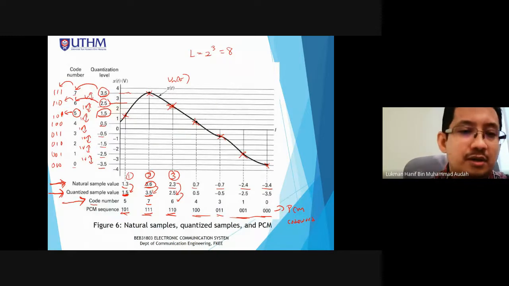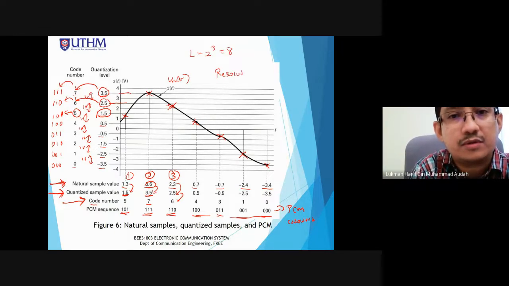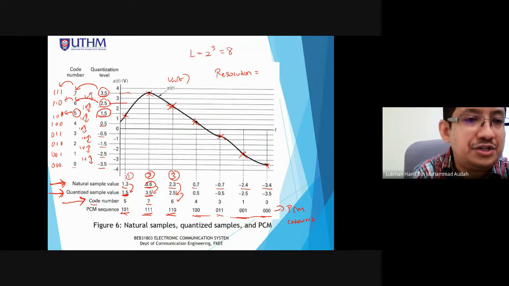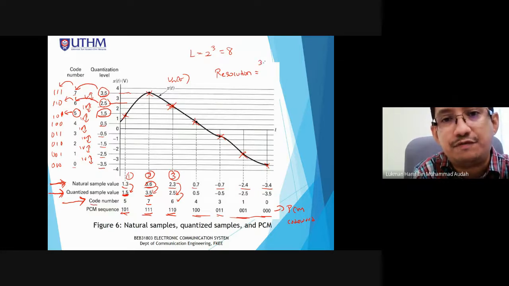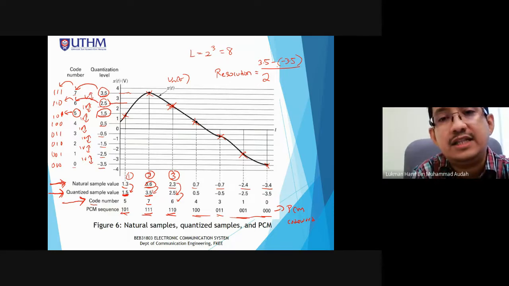Okay, contoh yang paling mudah mungkin kita boleh buat contoh ini. Kalau you lihat di sini, resolution bersamaan dengan range adalah 3.5 until minus 3.5. That means 3.5 minus minus 3.5 divide with 2 power of n minus 1. Dalam example ini, n adalah 3 bit.